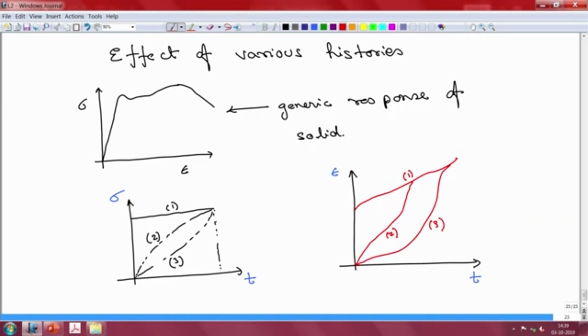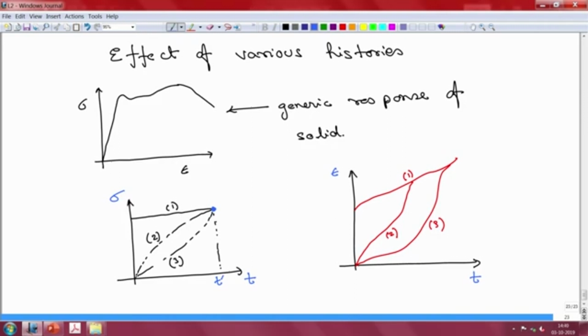Please note the consequence of this graph. Let us say you get it from an experiment. So, here at a certain time, some t dash, all the 3 paths have the same stress, but on this curve you do not have that. You will end up with different values of strain at these different times.